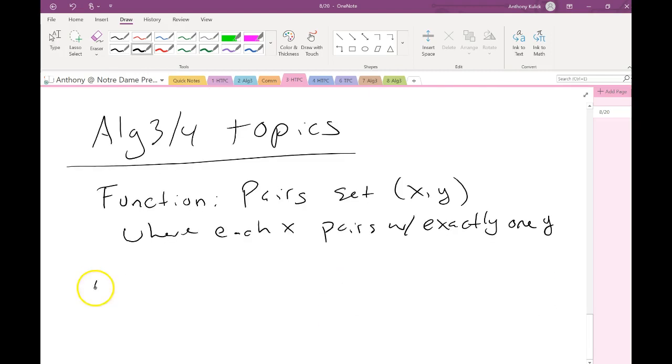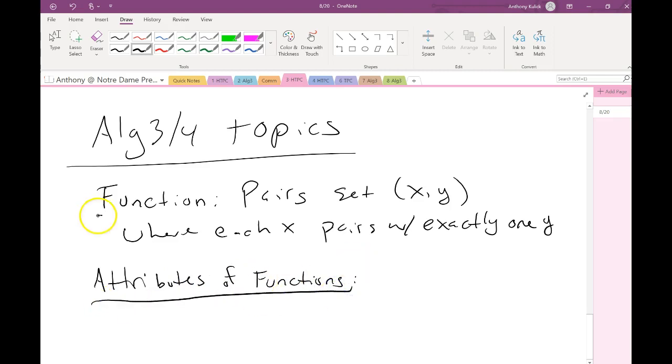Okay. And in the beginning of our Algebra 3-4 class, we talked a lot about ways to describe a function or attributes a function can have. We talked about one of those already briefly.